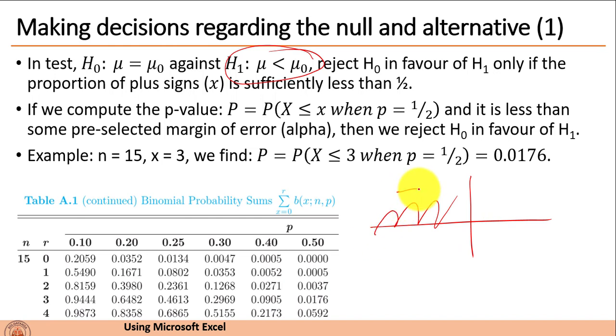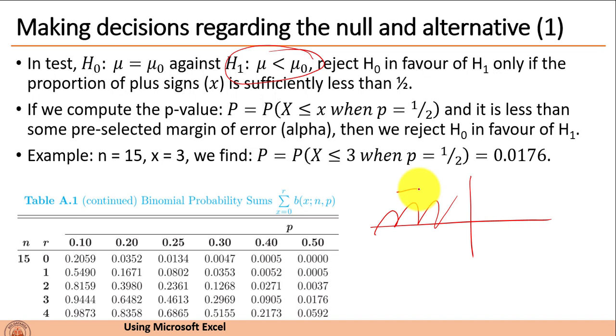Alright, so we reject H0 in favor of H1 only if the proportion of plus signs is sufficiently less than half. So if the probability that we have the plus signs less than half, then we reject H0 in favor of H1.